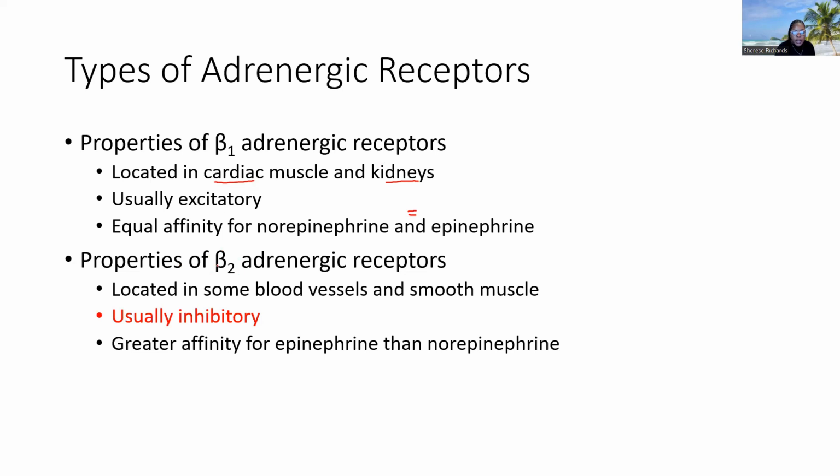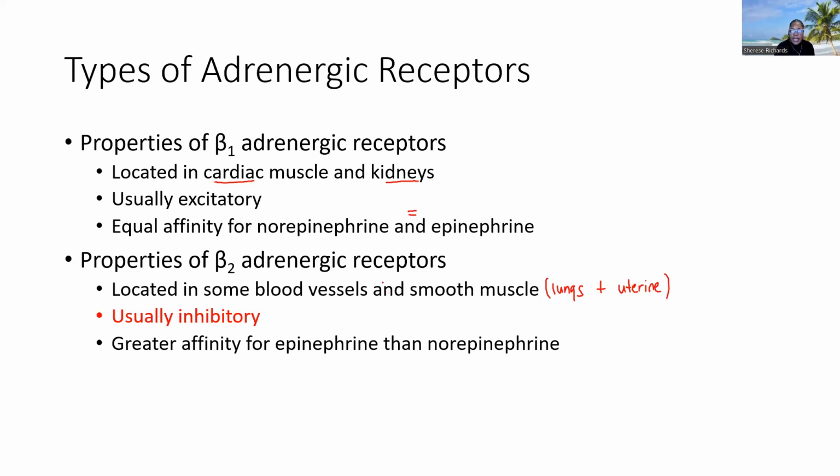Beta 2 receptors on the other end are going to be in blood vessels and smooth muscle. Beta 2 receptors are also going to be in the lungs, right? We'll add here the lungs as well as the uterine smooth muscle, 2 additional areas where we find beta 2 receptors. And then these are usually inhibitory to their effector tissue.